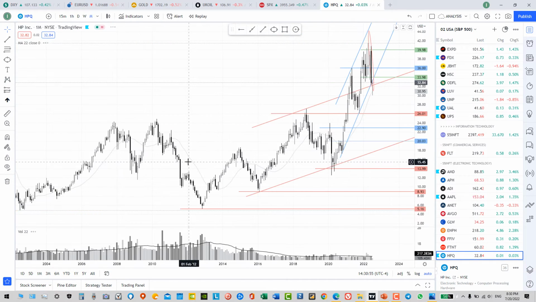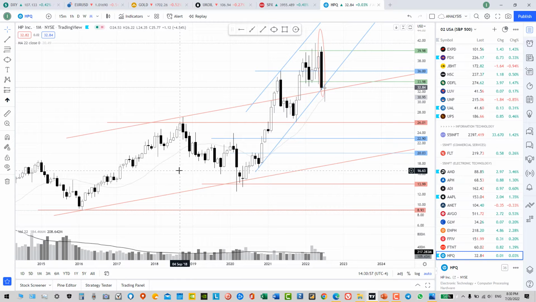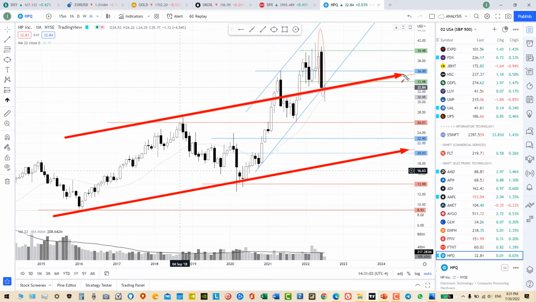Over the monthly chart, we can see that the general structure of the stock is positive over the very long term, and it's clear that we do have some kind of an uptrend, but of course this is not a traditional uptrend, it's a mega uptrend, and it is considered a positive structure at least as long as the stock manages to keep above the trend channel line.